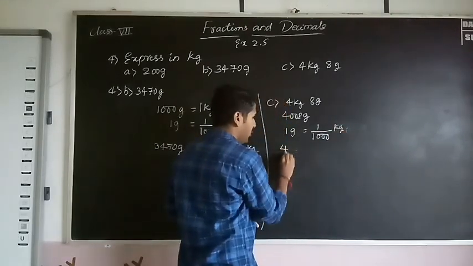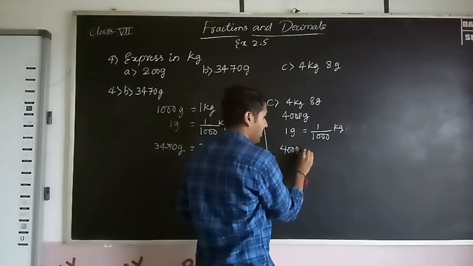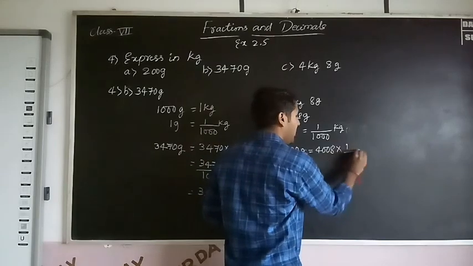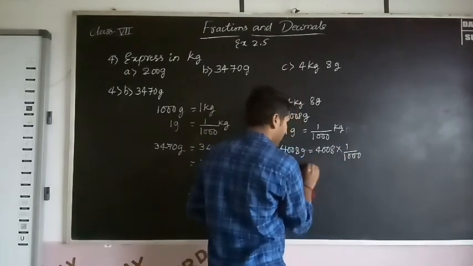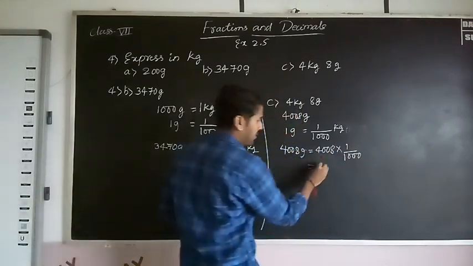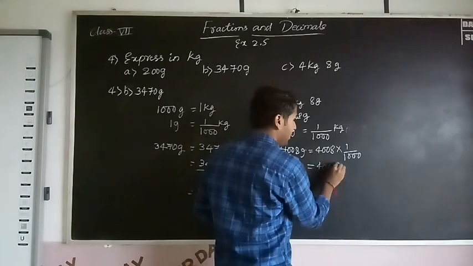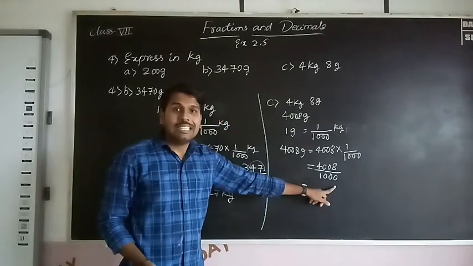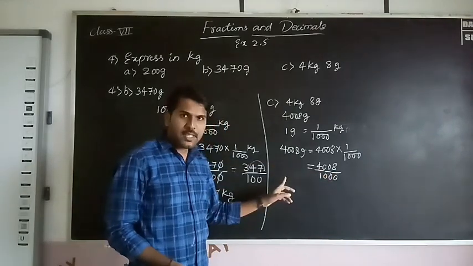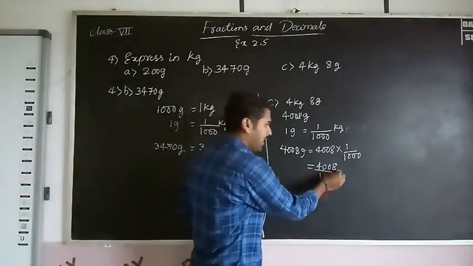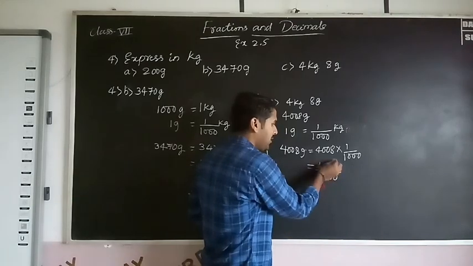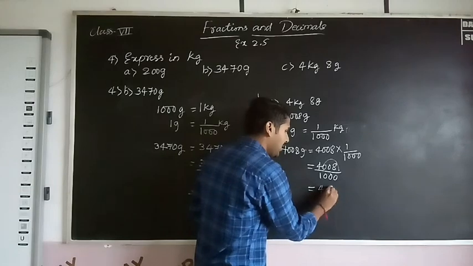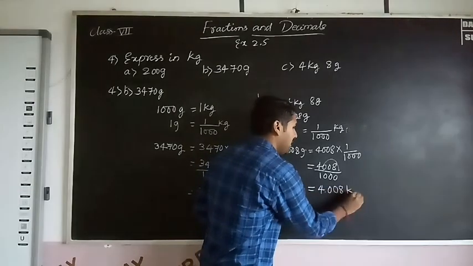So for 4008 gram, 4008 into 1 by 1000. Now multiply: 4008 divided by 1000. Here 3 zeros, so shift the decimal point to the left side by 3 places. So the answer is 4.008 kg.